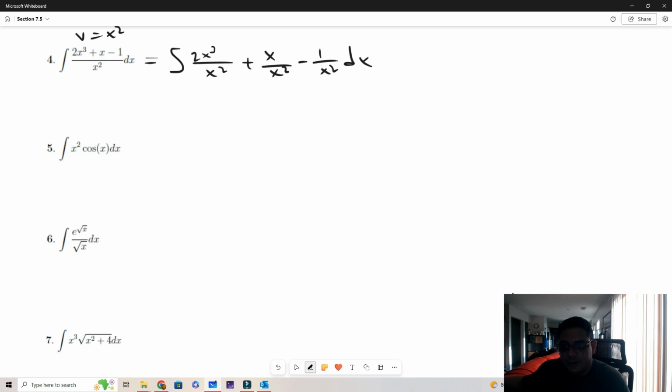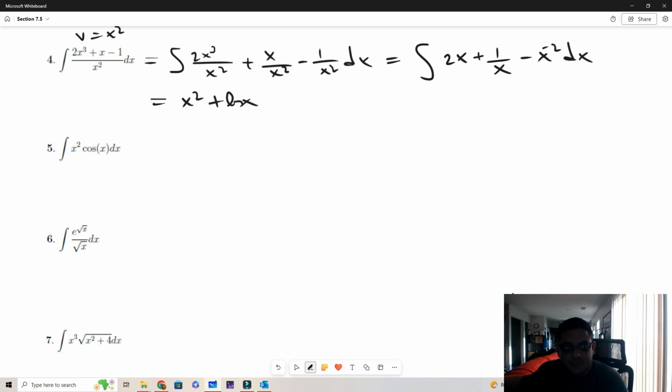And so essentially we're just transforming this into a different set of powers. This is 2x plus 1 over x minus x to the minus 2, if you will. And then this is just going to be x squared. This is just going to be log of x.